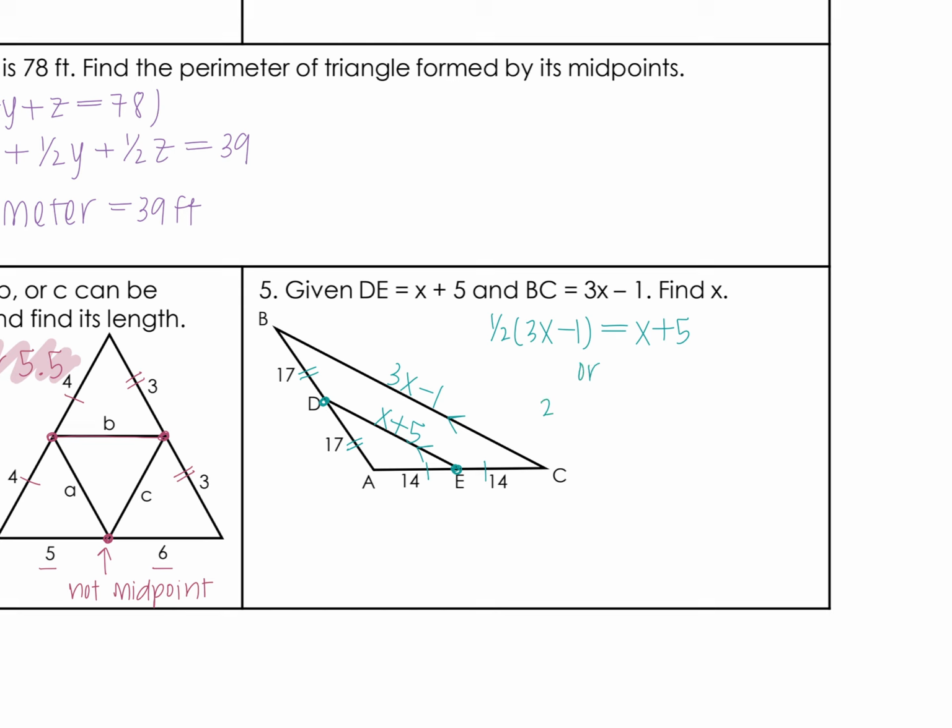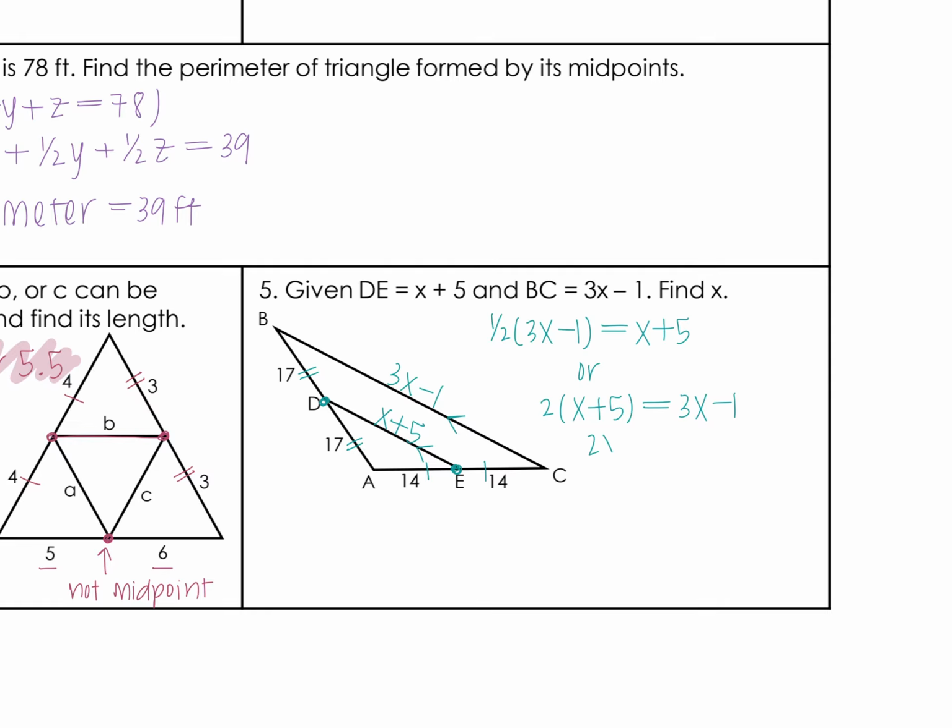I'm going to say 2 times that x plus 5 will be equal to 3x minus 1. This is the one I'm going to use to solve just so that I don't have to deal with decimals or fractions because of that 1/2 and the fact that I have those odd numbers.